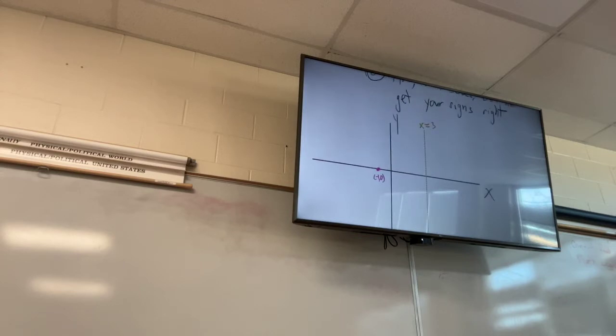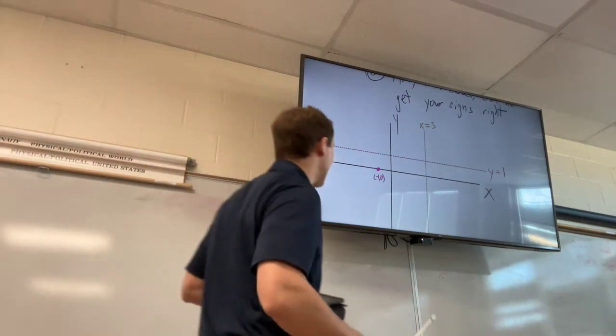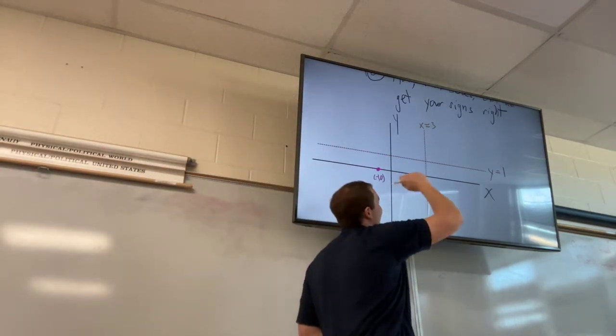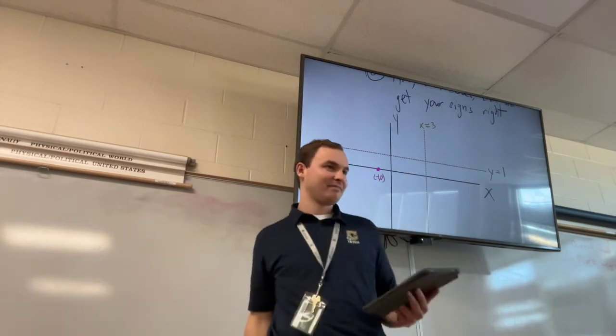It's not vertical. Can we just call it a horizontal asymptote because that's what we learned last year? I want to make sure you know that it can touch in the middle, and it's not always horizontal.